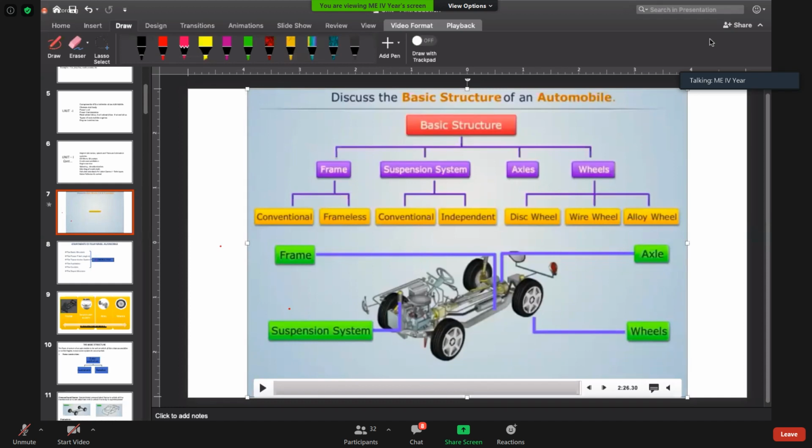It will be a discussion class, rather, so I want your active participation. Wheels are of three types: disc wheel, wire wheel, alloy wheel. Most commonly we use the disc wheel. Very good, Ravalika. Any other students who want to add some point regarding the two types of suspension system, conventional and independent?